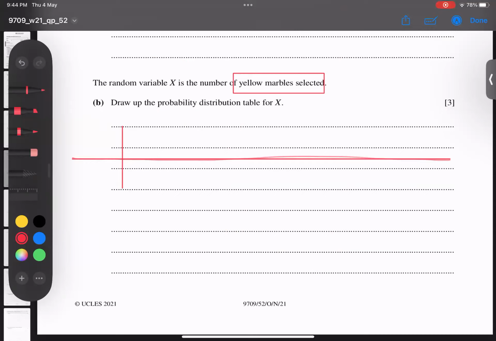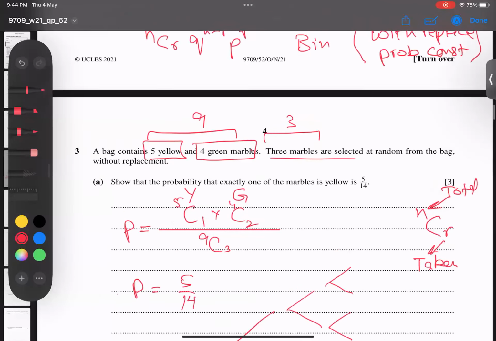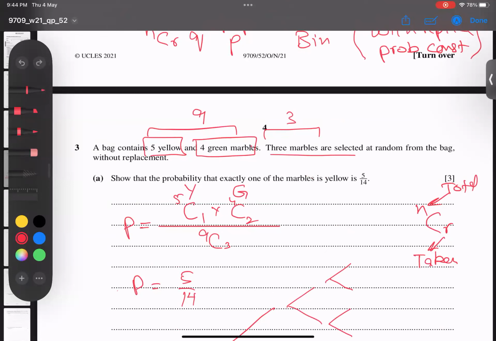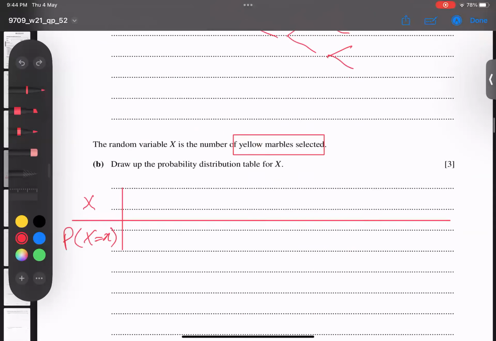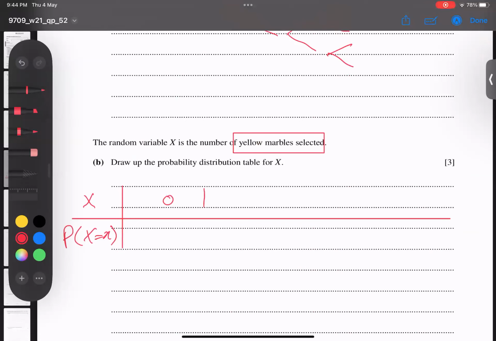Have a look now: X and probability of X. We have yellow color; out of 5 yellow, I need 3 marbles. So if I take 3 marbles, maybe all are yellow, maybe 2, maybe 1, or maybe 0. So we have 4 options: 0 yellow, then 1 yellow, then 2 yellow, and all 3 yellow.